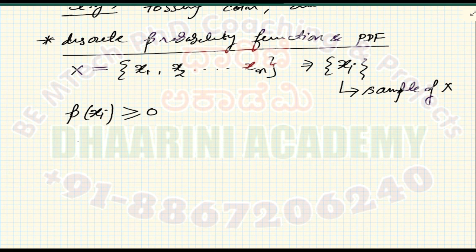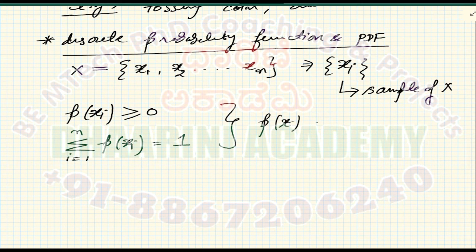And we also know that the summation, with i varying from 1 to n, of p of xi, when you add all the probabilities, you get 1. So what do we mean by this p of x? The p of x is what we call the probability function.